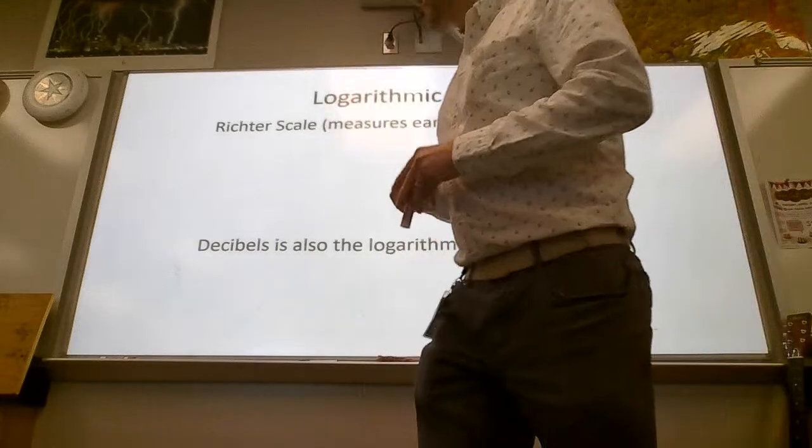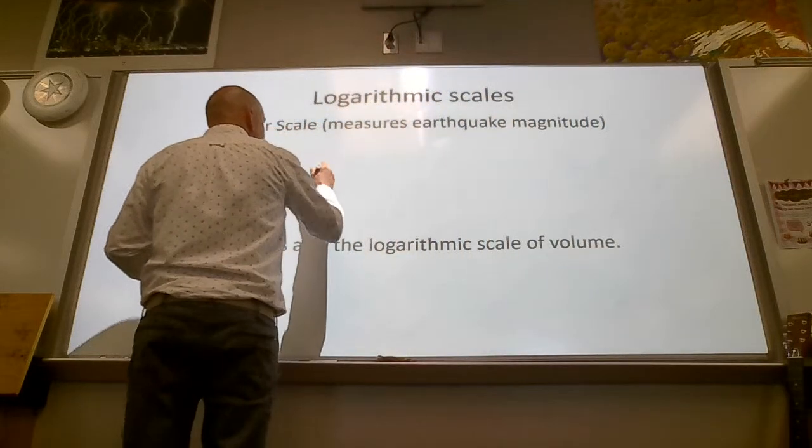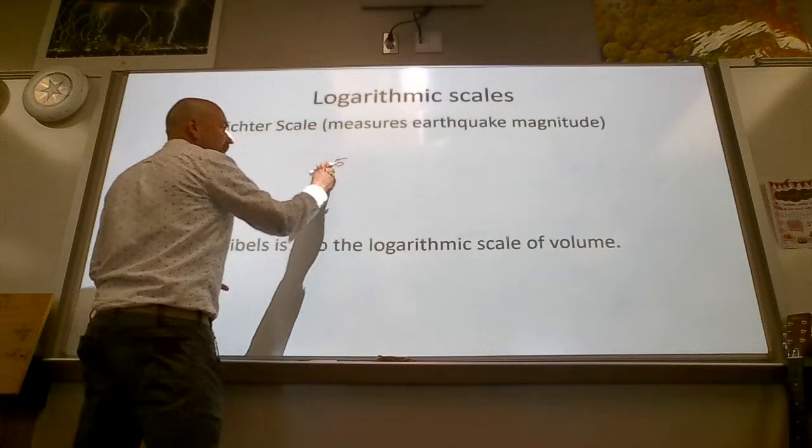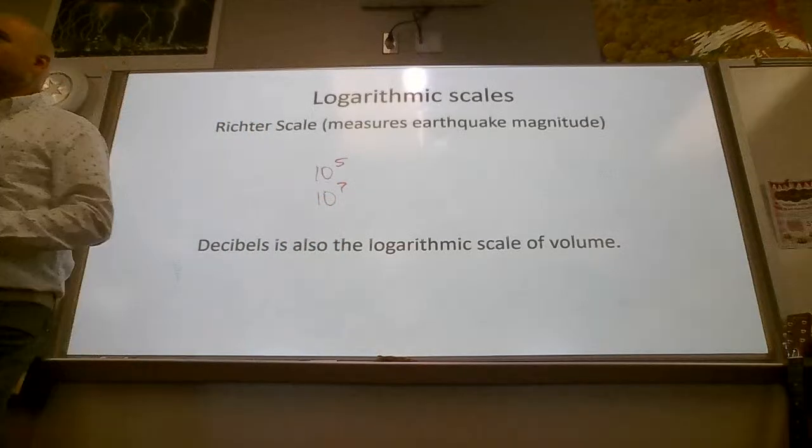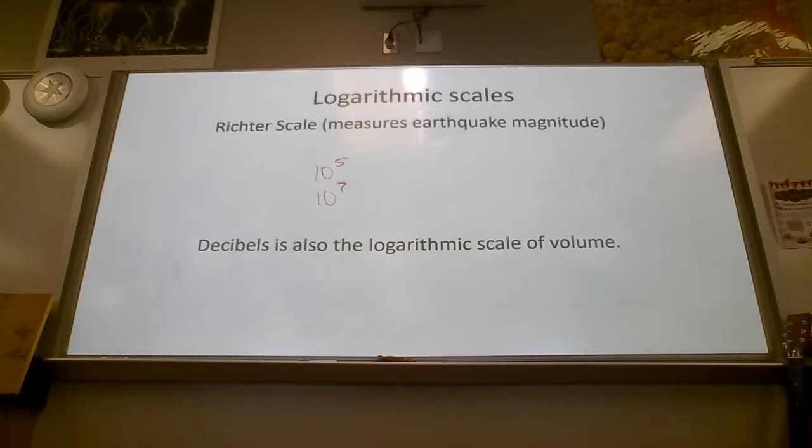No. Going from 5 on the Richter scale to 7 on the Richter scale is 100 times more intense. The intensity was 100 times more. That's a substantial amount. You okay with that? Decibels has the same pattern.